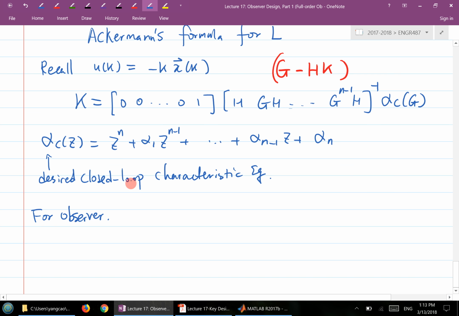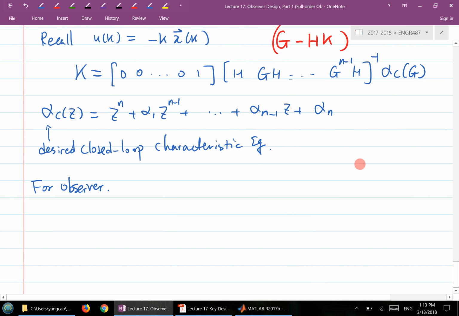First of all, we're going to have something very similar. We're going to define another polynomial called alpha EZ. So alpha EZ is basically the desired closed loop observer characteristic equation.